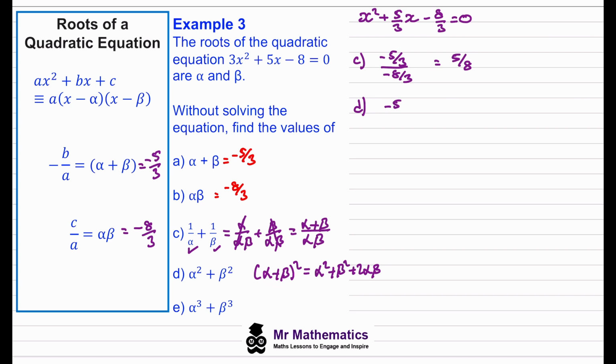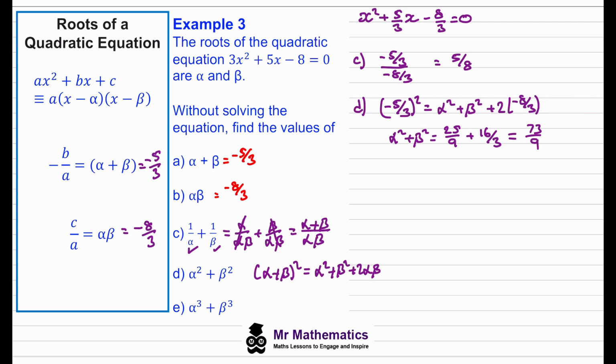So negative 5/3 squared will be equal to alpha squared plus beta squared plus 2 alpha beta, negative 8 over 3. So alpha squared plus beta squared will be 25 over 9 plus 16 over 3, which gives us 73 over 9.